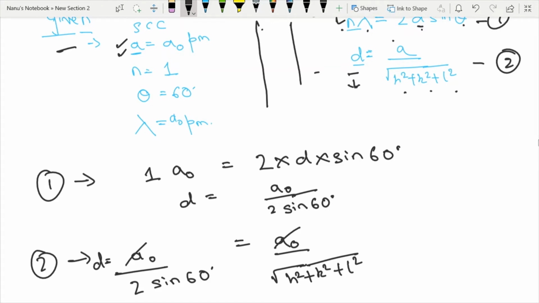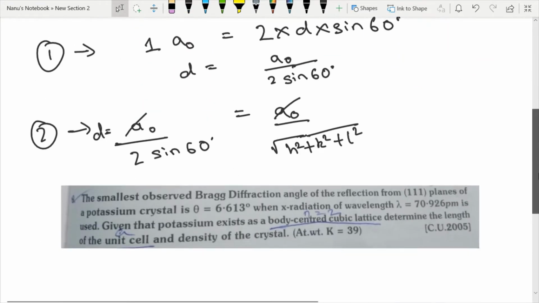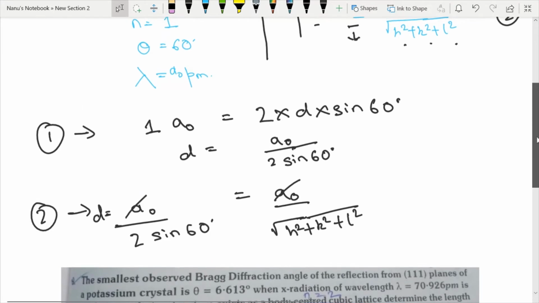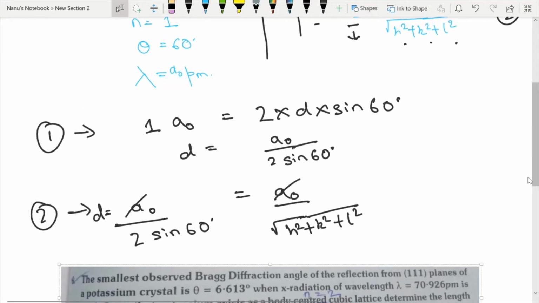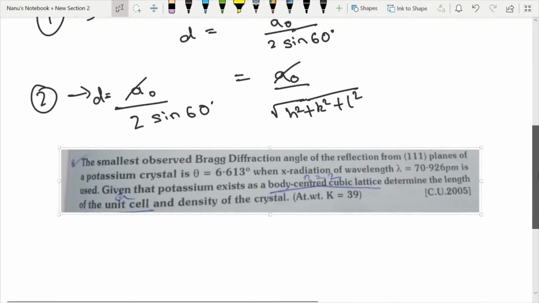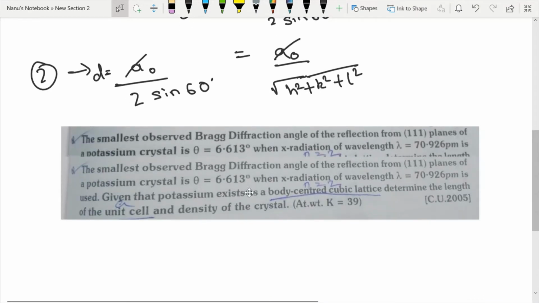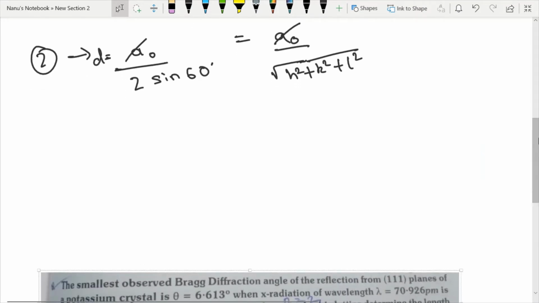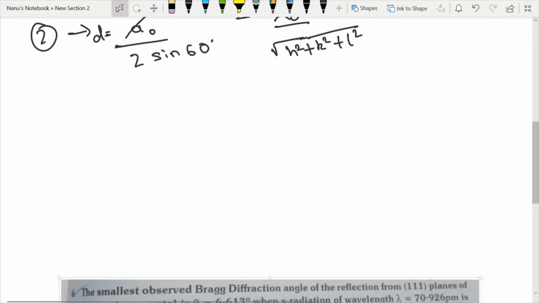Let me just go a bit down, I have my second problem. I'm just putting this a bit down right now so that I can have some space to solve this one.